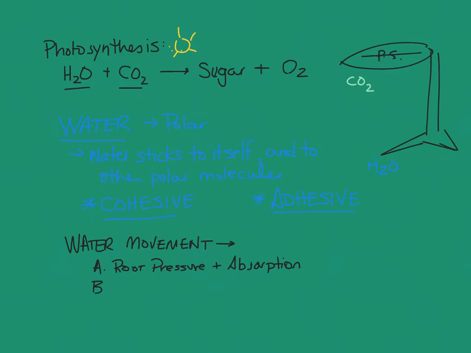Also, we talk about transpiration, which is up in the leaf, and then the properties of cohesion and tension also help play into the fact that water moves up the plant.